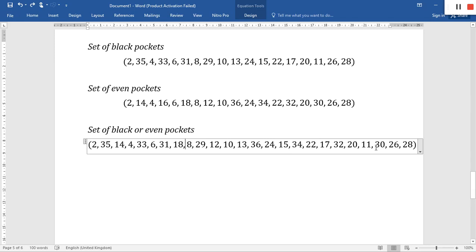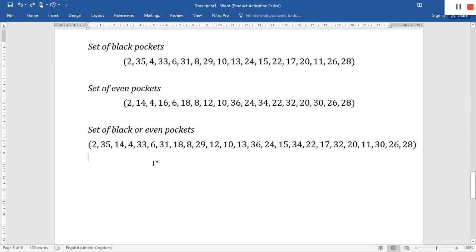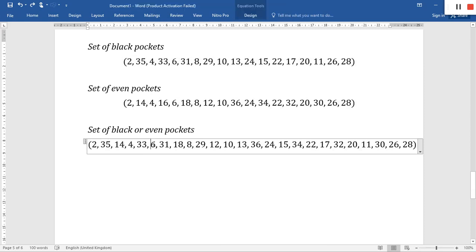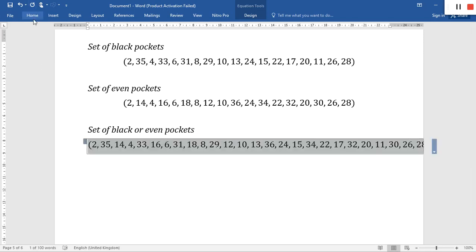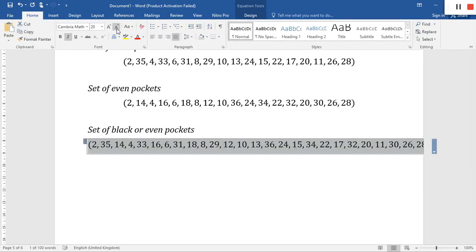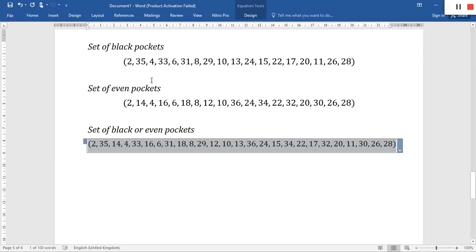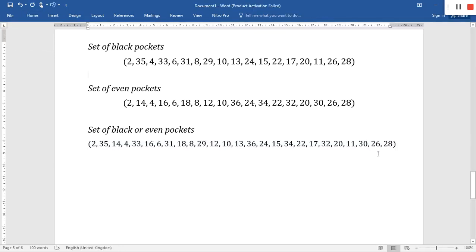We're missing a number here. So it should be 26 numbers. So we have 2, 35, 14, 4, 33, 16. We don't have 16 here, so we miss that. So I will need to reduce this set so that it fits into the line. All right. So we have 26 numbers.